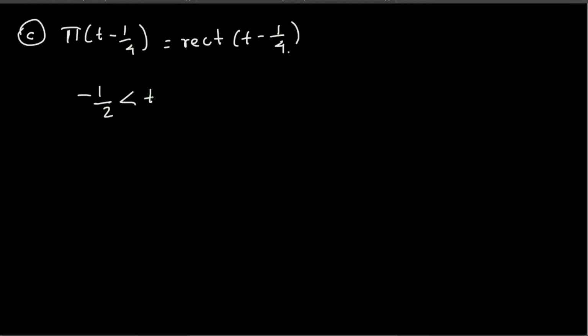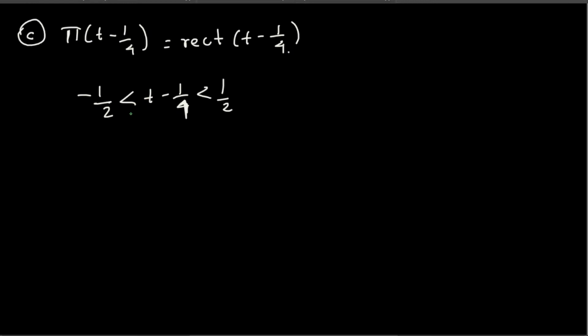So t minus 1 over 4 is between minus half and half.